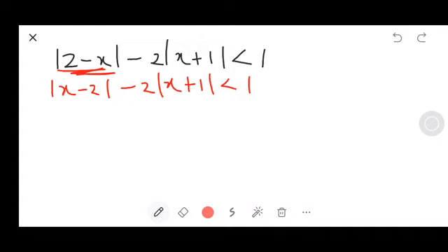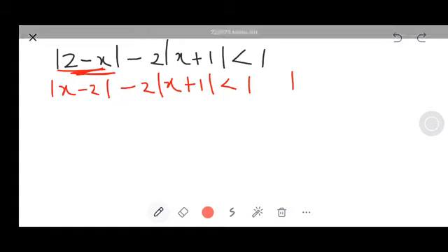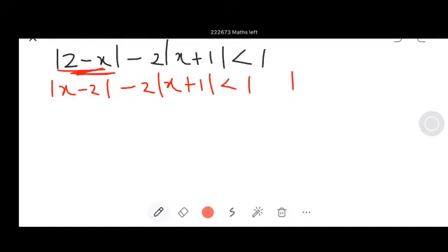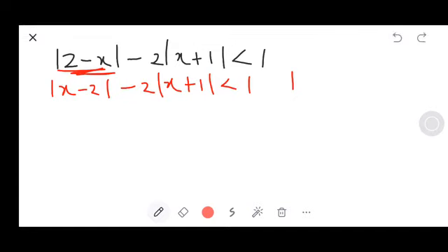So we have 2 absolute values and both of them have their own definitions. Let's start with x plus 1. From what we said about the definition of the absolute value function, it is going to be positive when x is greater than or equal to minus 1.